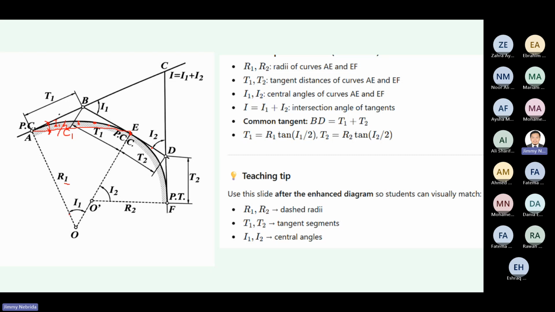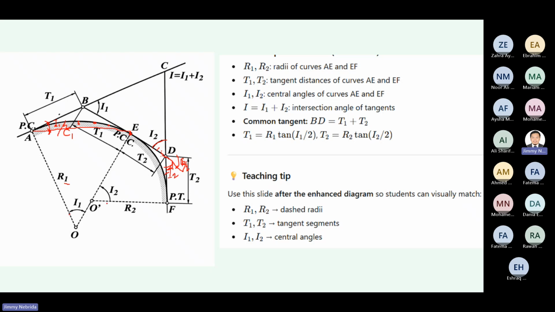Similarly, if you have here I2, because if you are going to extend this one, this is your I2. That is always the intersection angle between two tangents. Tangent and then tangent, the intersection is here. So it's the same here, it's I2.